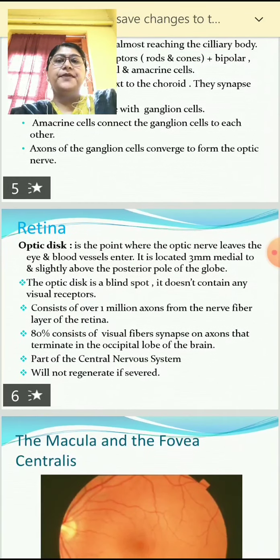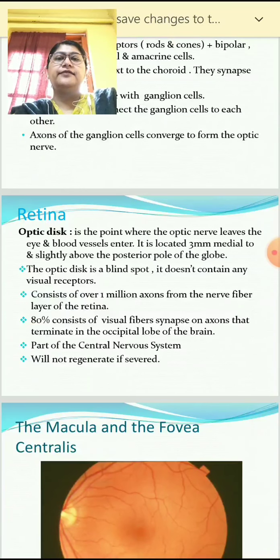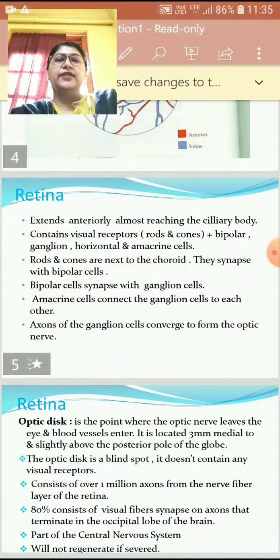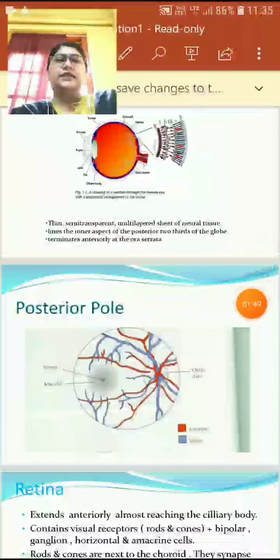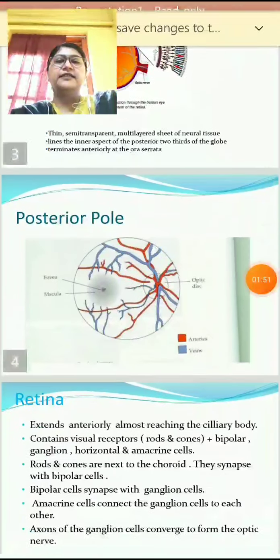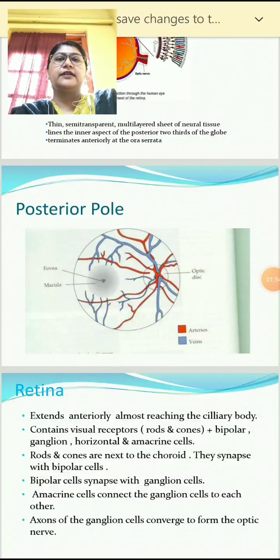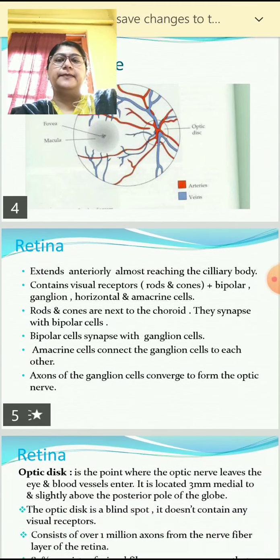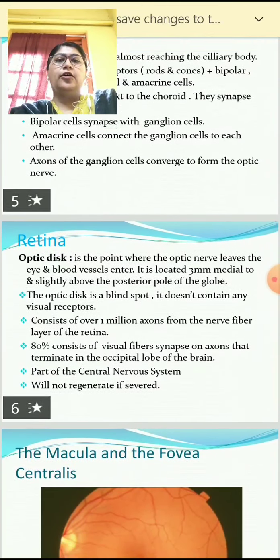Now, the optic disc is a point where the optic nerve leaves the eye and the blood vessels enter. Here you can see this portion is the optic disc, the rounded portion where all the blood vessels are converging. They are entering and the optic nerve is leaving. Now, the optic disc is a blind spot.